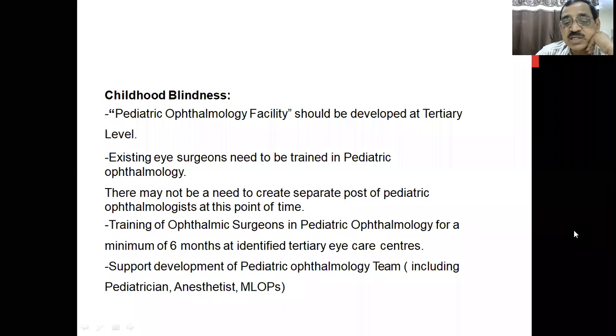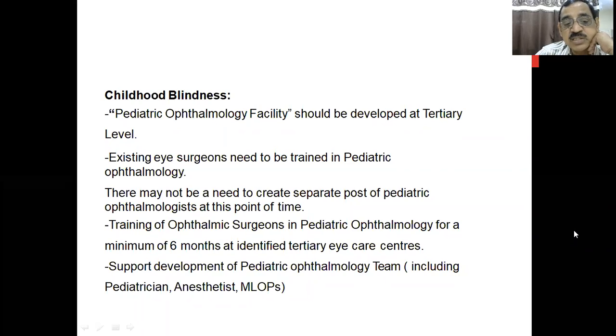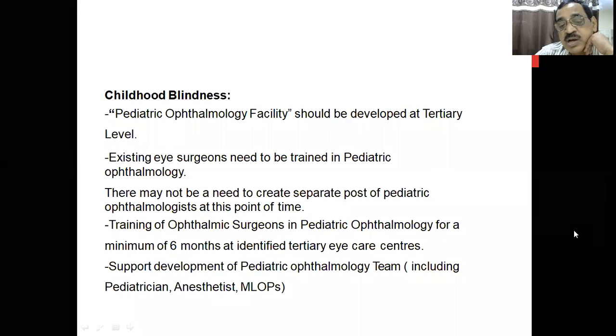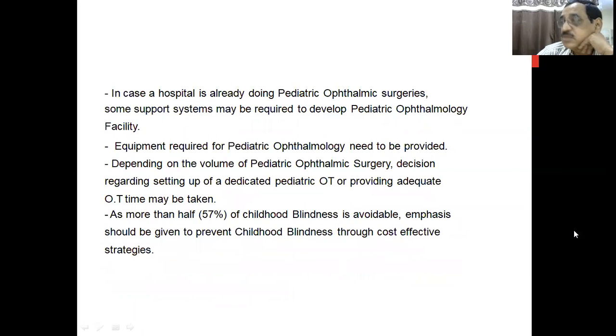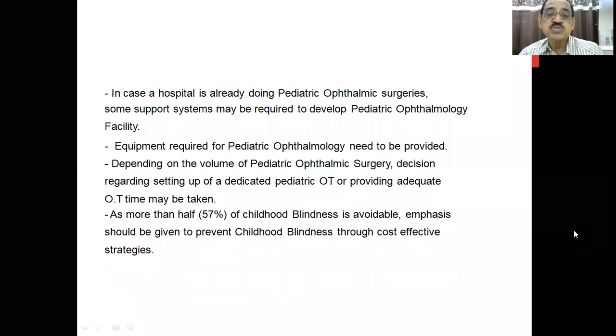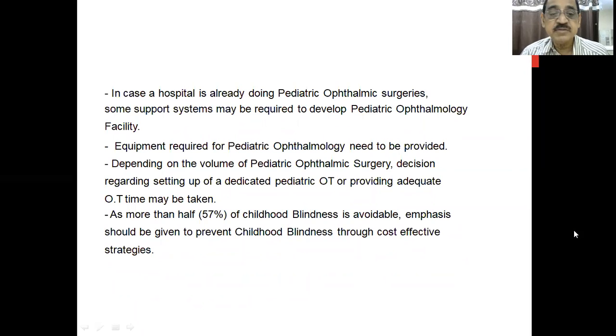Defined tertiary eye care centers should be done, and support development of a pediatric ophthalmology team, including pediatricians, anesthetists, and middle level ophthalmic personnel. In case a hospital is already doing pediatric ophthalmology services, some support systems may be required to develop the pediatric ophthalmology facility.